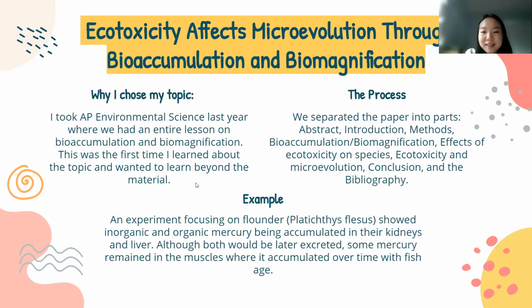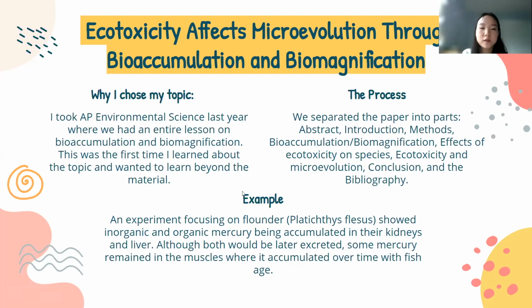And then the next topic is bioaccumulation and biomagnification. This is where I had an in-depth definition of what those 2 terms are and gave examples of how it occurs.